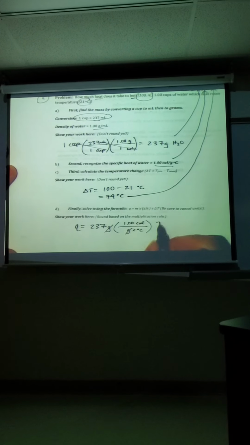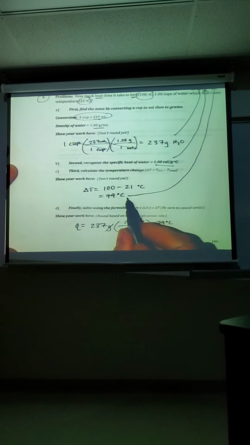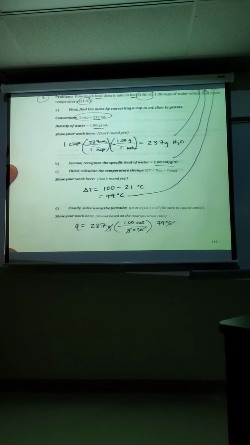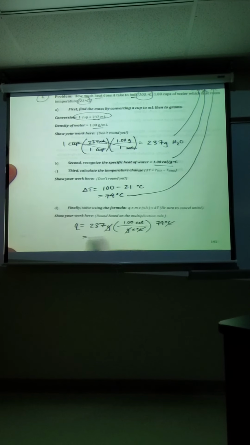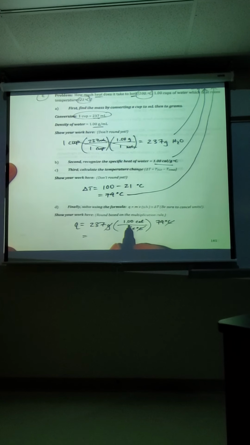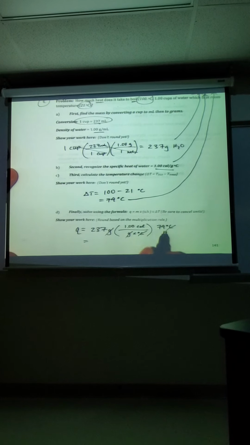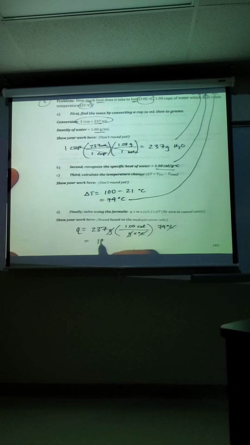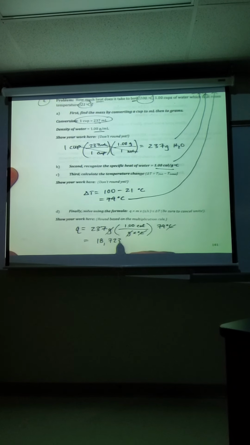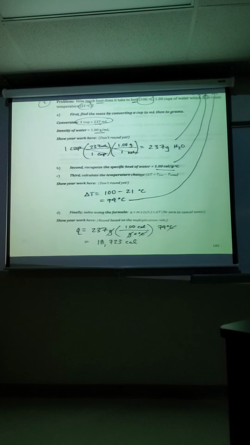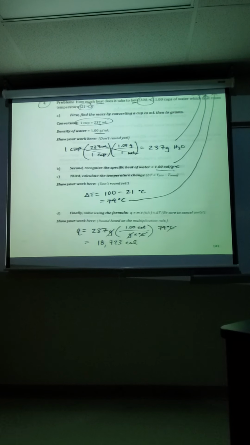And then we have 79 degrees, which is the temperature change, and Celsius cancels. Multiply 237 by 1 doesn't do anything but waste time, but then changing units, we multiply by 79. Gives us an answer of 18,723 calories.